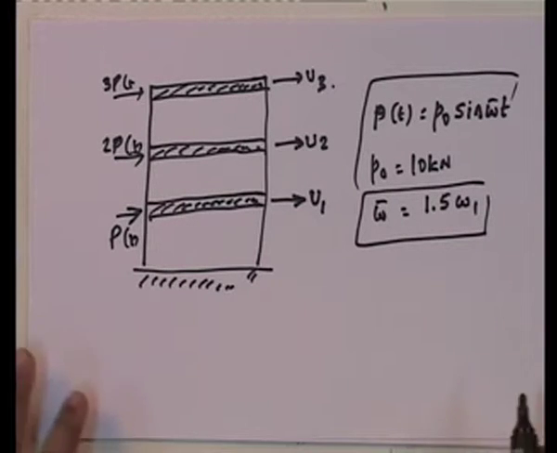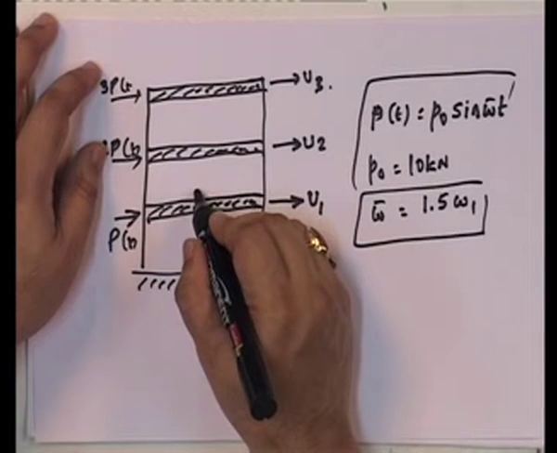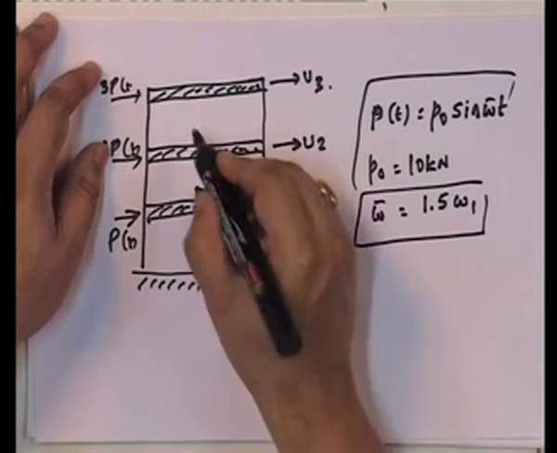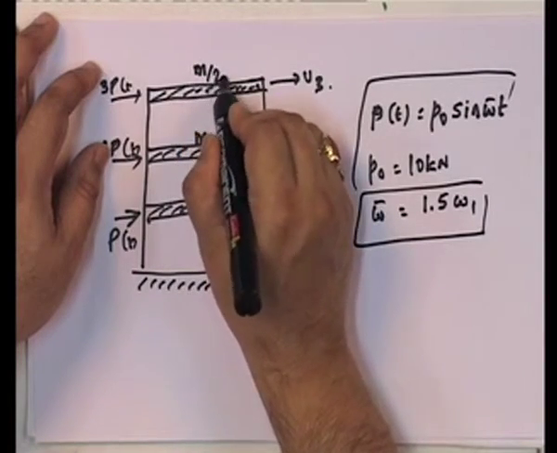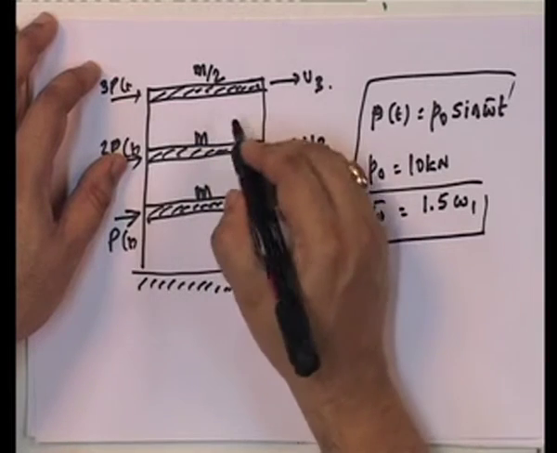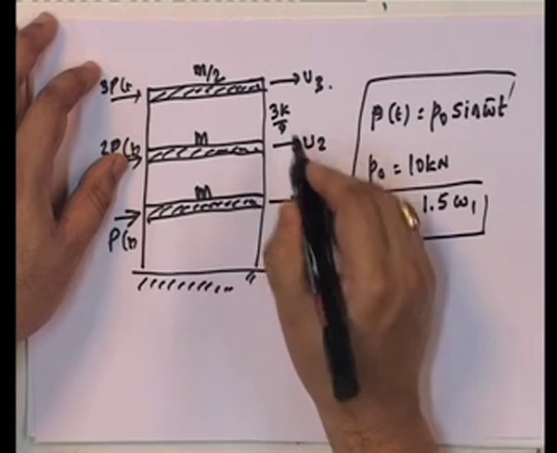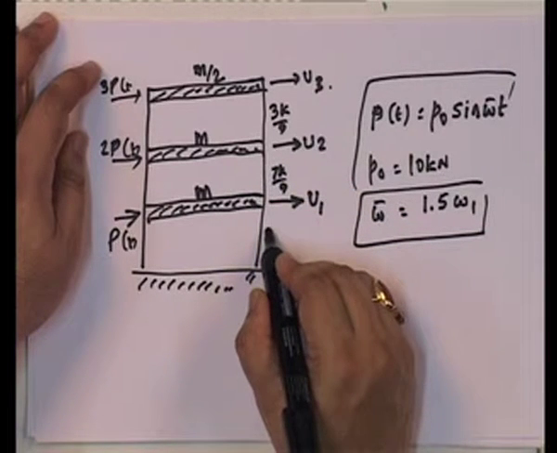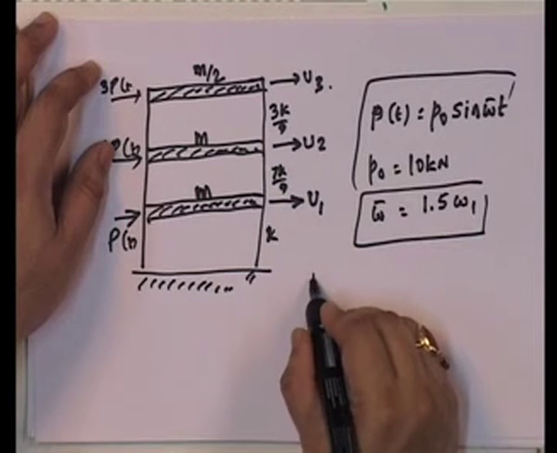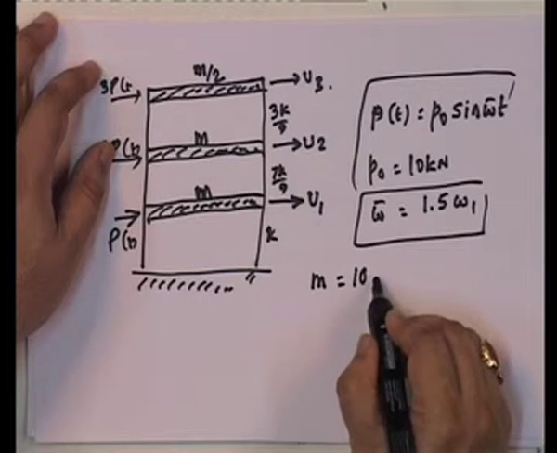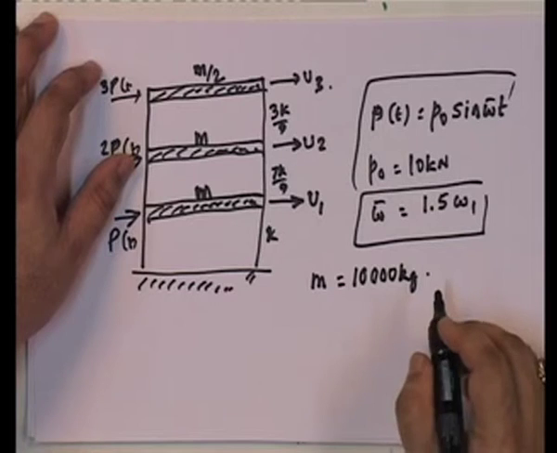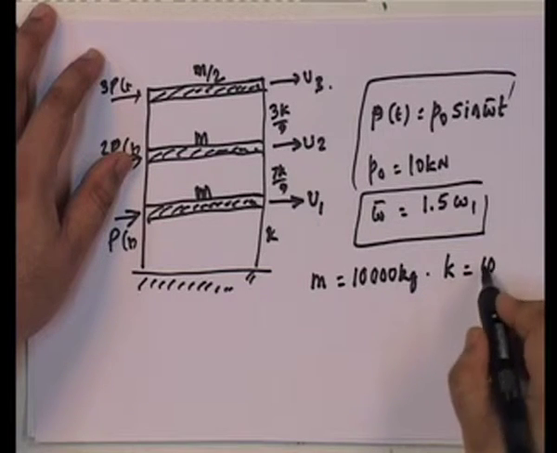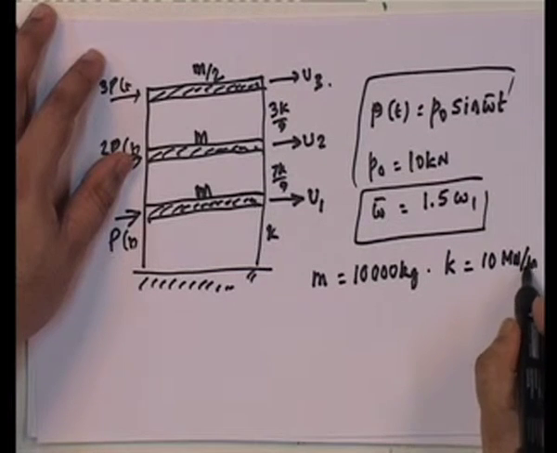Of course, we have to give the masses, and we will say that this is mass M, and mass m by 2, and the lateral stiffness of this is given by 3K by 9, and this is 7K by 9, and this is K, where m is equal to 10 tons or 10,000 kgs, and K is equal to 10 meganewton per meter.